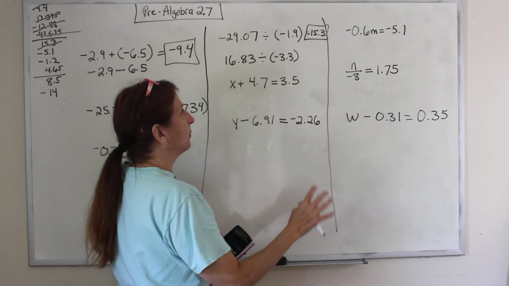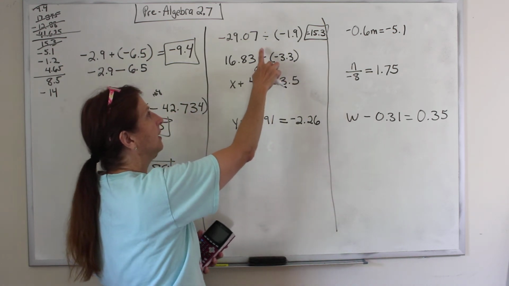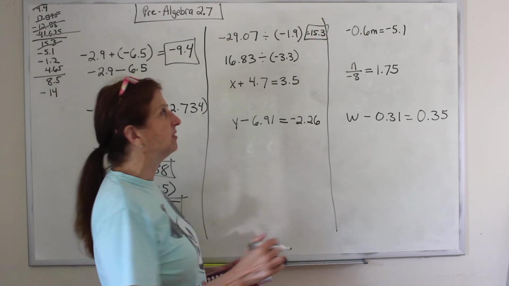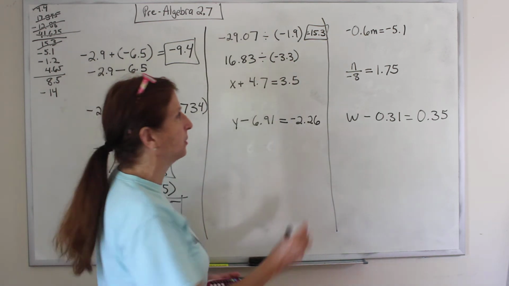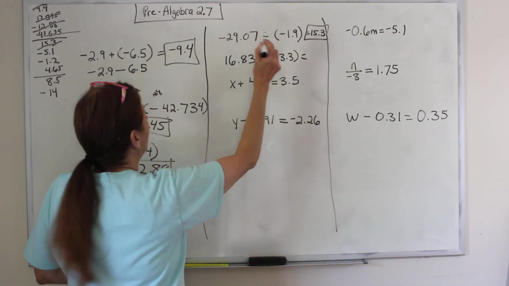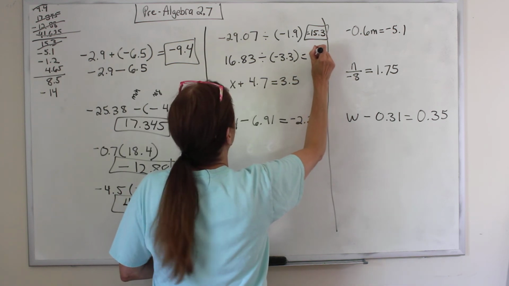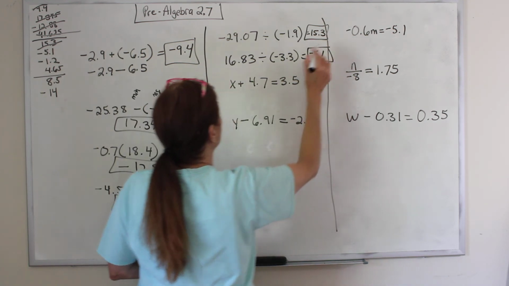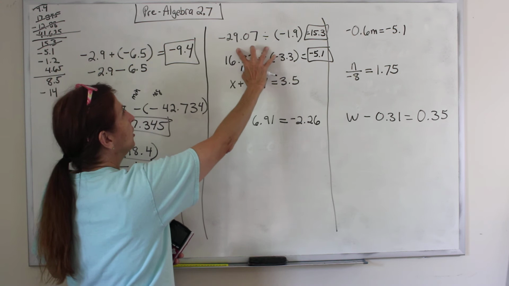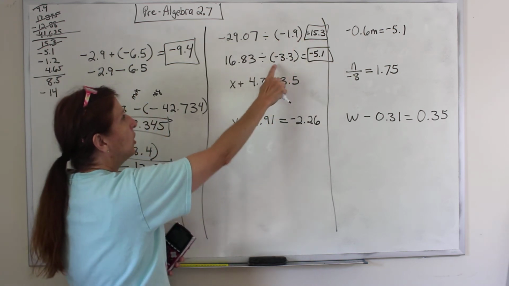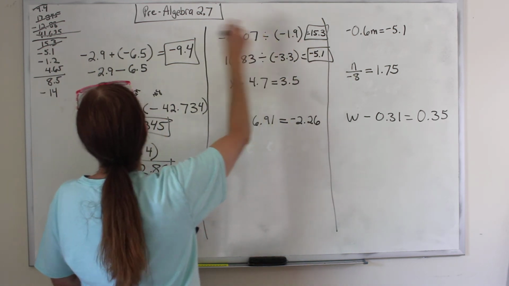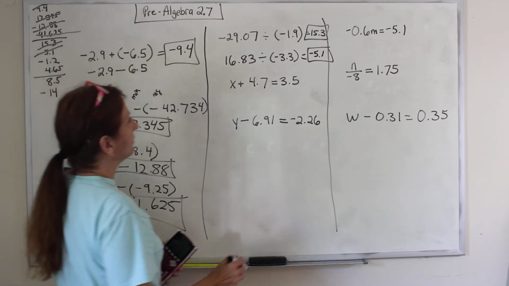You have to do those parentheses because it won't understand divided by minus. You have to show that negative goes with the 3.3 to your calculator. And it's negative 5.1. And you always want to make sure it makes sense. 2 negatives equal a positive. 1 negative is a negative. So yes, that's making sense.